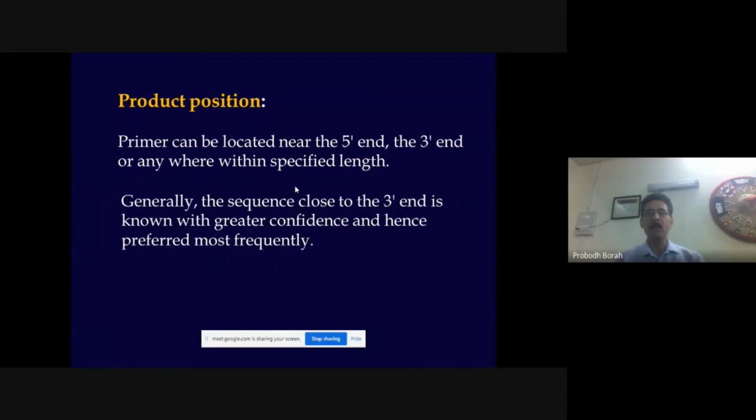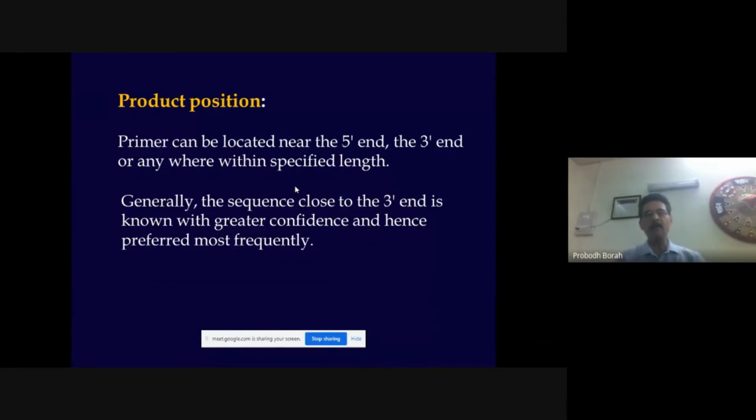Theoretically speaking, there is no specificity for targeting a particular part of the sequence for amplification. That will depend upon the conserved nature of the sequence. As I said, it should be universal in all the different strains of the same organism, so that it can target amplification in any strain. It may represent any part of the sequence, but statistically, it has been found that if we design the primers targeting amplification of the segment nearer to the 3' end, not the 5' end, those primers usually give better results in PCR.